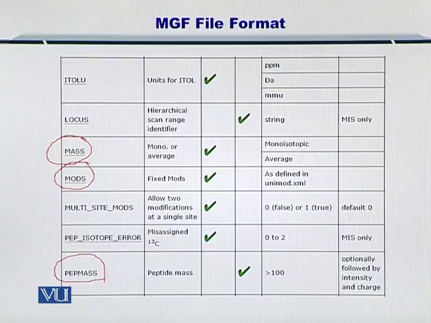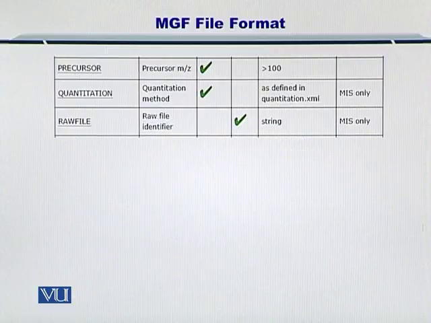The pep mass is the peptide mass, which you can specify if you're looking for peptides. Lastly, you can have a precursor mass attribute also set. This precursor mass gives you a guesstimate of the molecular weight of the peptide or protein that has been injected into the mass spectrometer's chamber. This can be used by your search algorithm later on to come to a better conclusion.